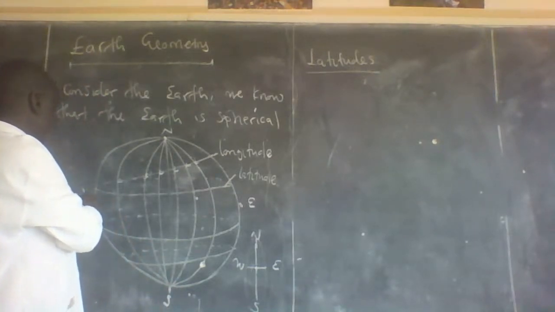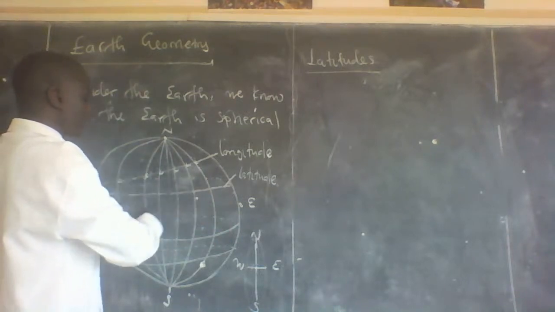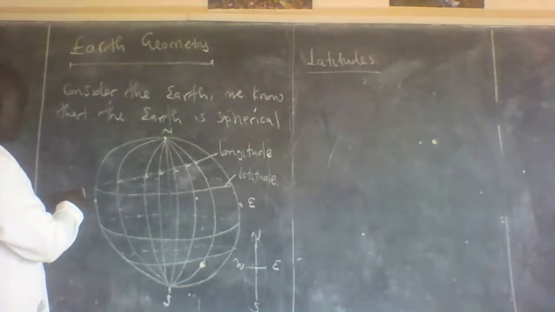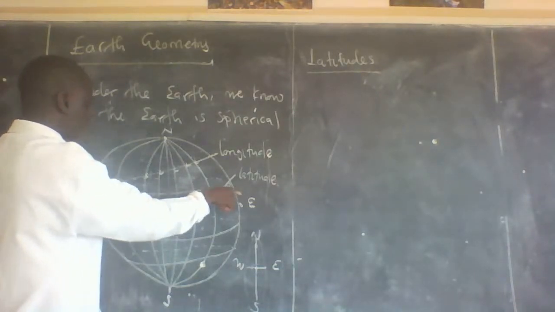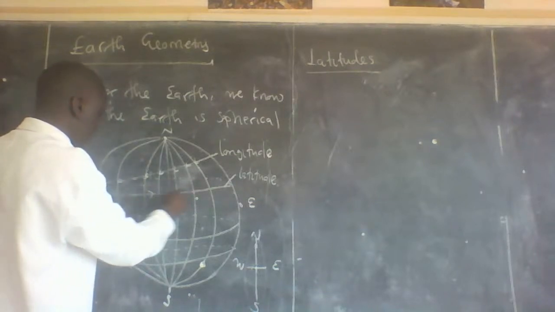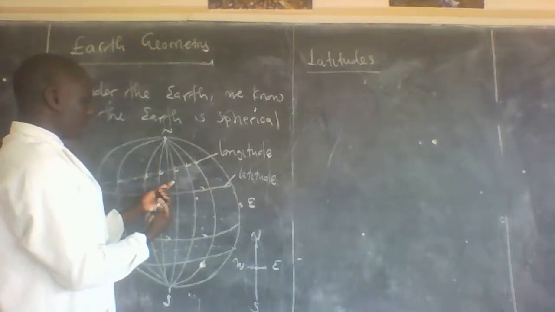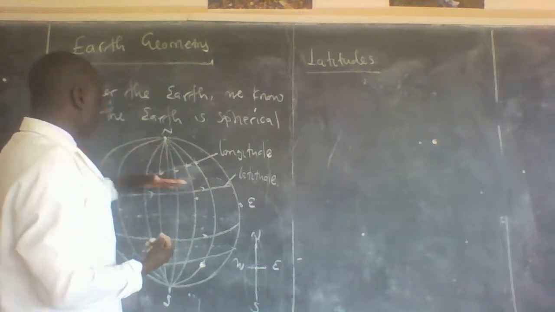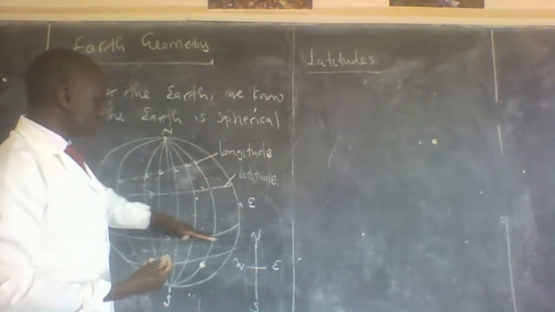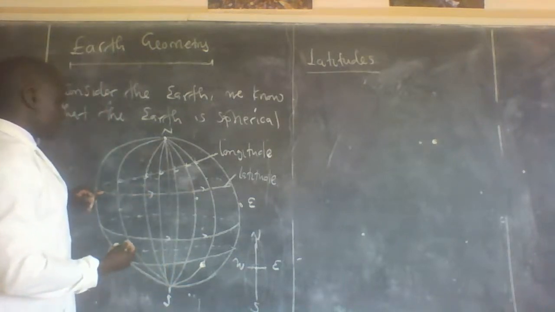You find that they run from the west to the east. That's how they move, as the Earth rotates. Do not confuse the longitudes and the latitudes.